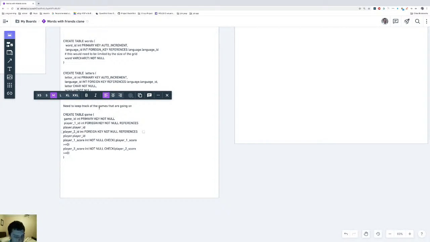You would also need to keep track of, we're not there yet, but we would need some way to store the state, the game, the grid, tiles, and that would be.